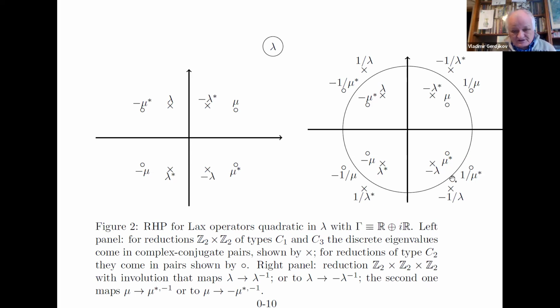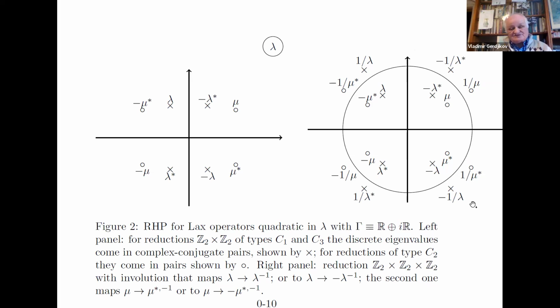What we have here on the second picture is the possibility to add one more involution to the Riemann-Hilbert problem. And this involution takes lambda into 1 over lambda, or minus lambda into 1 over minus lambda.